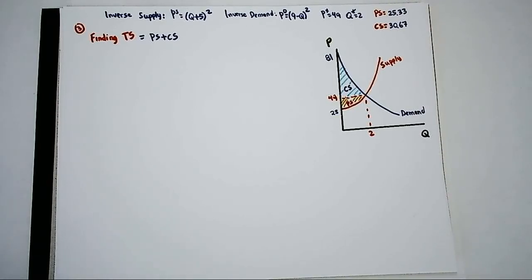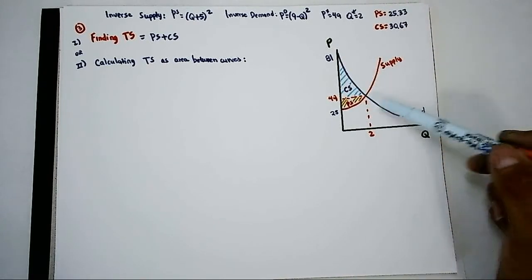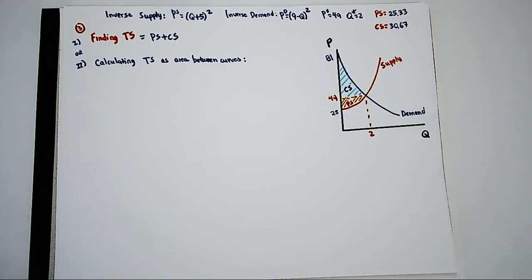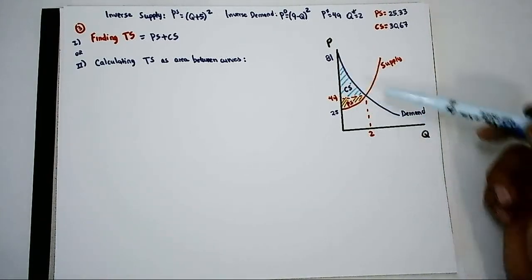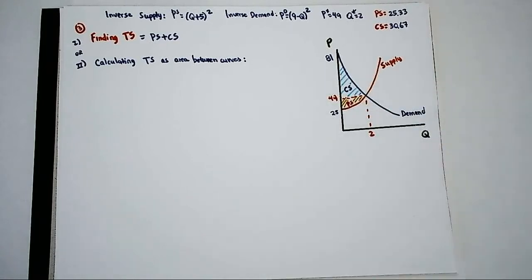A second way is using the area between the curves. In this case, the total surplus is the area between the demand and the supply. Therefore, if we use the area between the curves, we can directly obtain the total surplus.